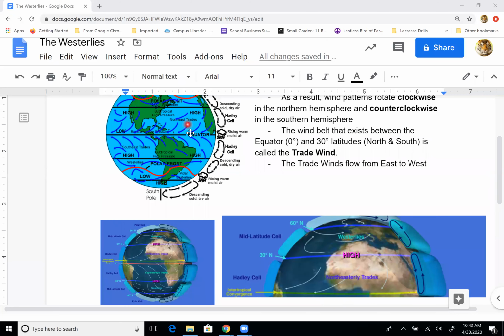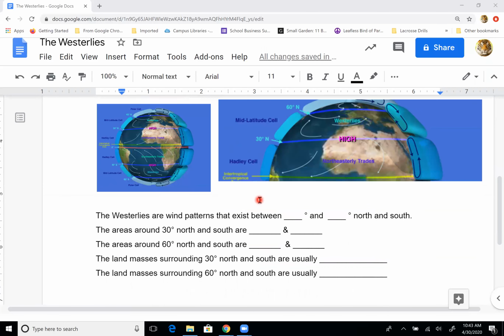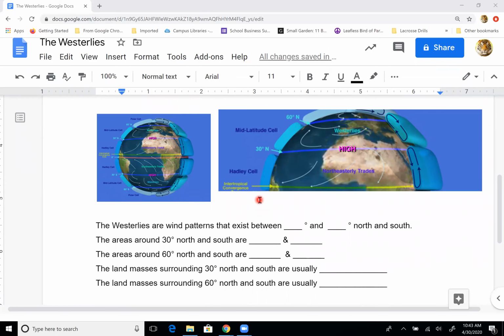We studied from 0 to 30. Now, what is the next wind belt called, between 30-degree latitude and 60-degree latitude on both sides of the Earth, north and south? The next major region is 30 to 60 latitude, and these are called the westerlies.